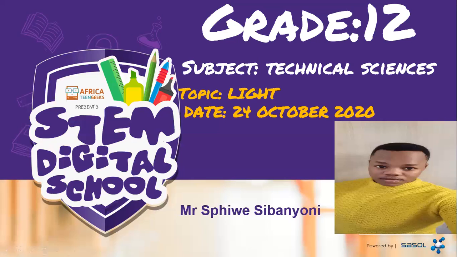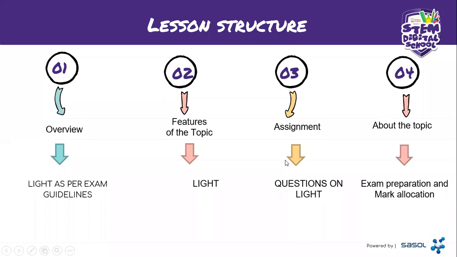Now, that is in a nutshell the summary of what you should expect for this lesson today. And I want us to look at the structure of the lesson for today. So, another quick review to check what is required of us in terms of light as per the examination guidelines.